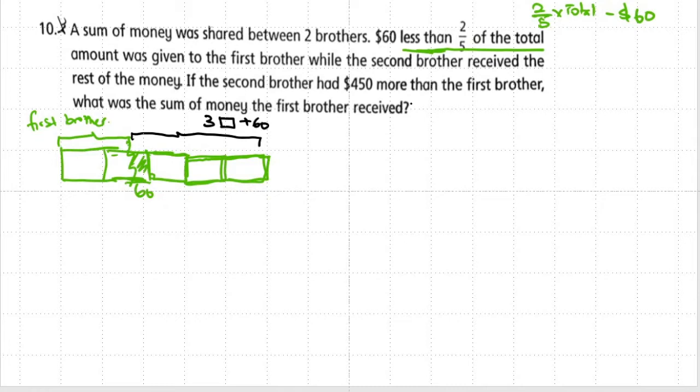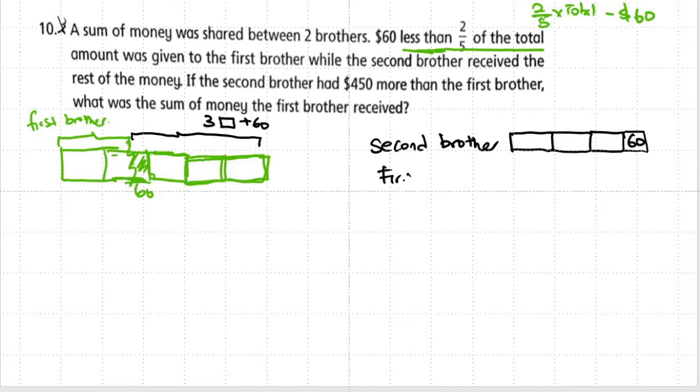So then when we do the comparison of the second brother, you don't just use the 3 box, because it's not just the 3 box. It's actually the 3 box plus the $60.